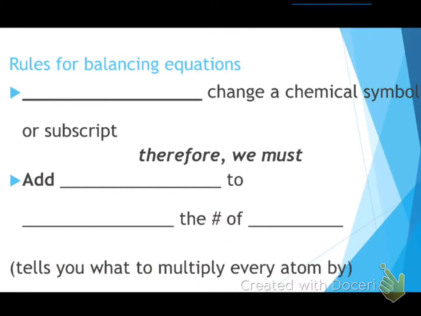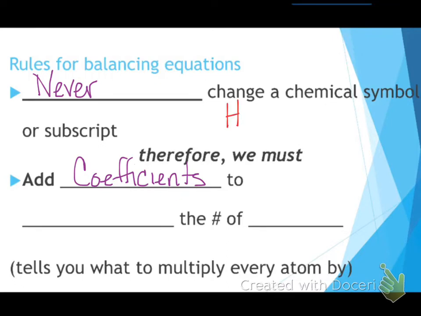Alright, so rules for balancing equations. Of course there are rules, it's science. You can never, ever change the chemical symbol or subscripts. The chemical symbol, remember, for hydrogen would be H, and the subscript would be 2. You can never, ever mess with that part, okay?